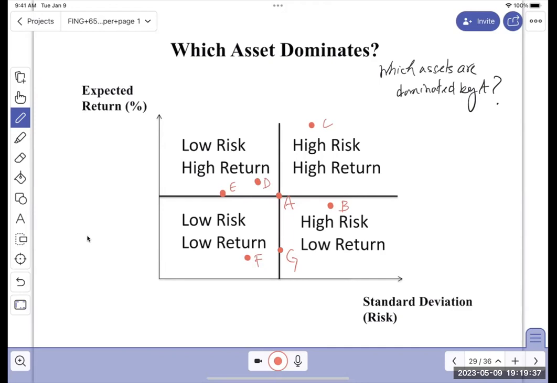Dominated by A. So A, if I've drawn a grid through A, or I put A in the position where the grid is, and I look and say, well, A is clearly up and to the left of what? Everything in this lower quadrant. So B and G. Okay, so A is up and to the left of B and G. Not F, because F, although F is lower risk, it's also lower return.